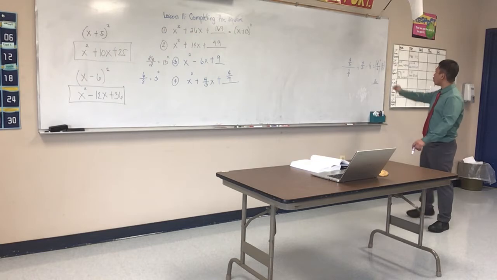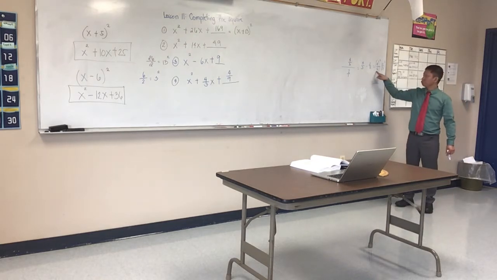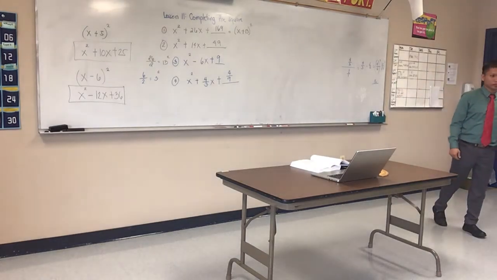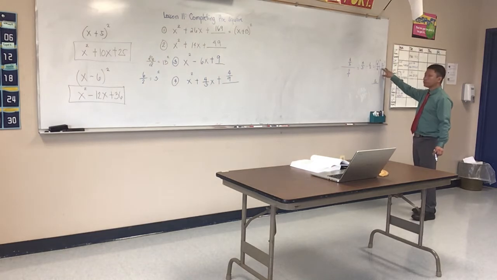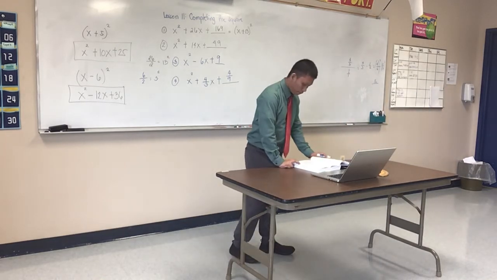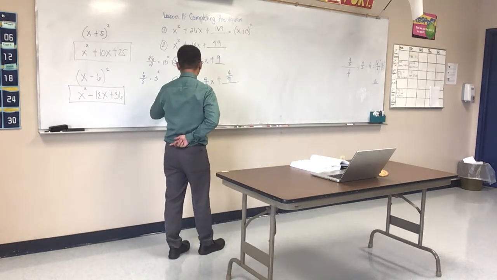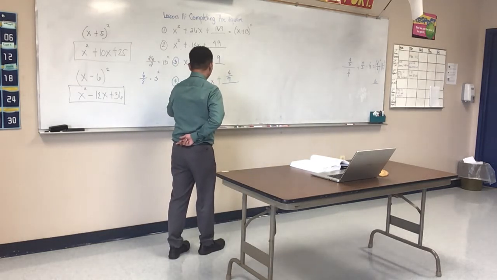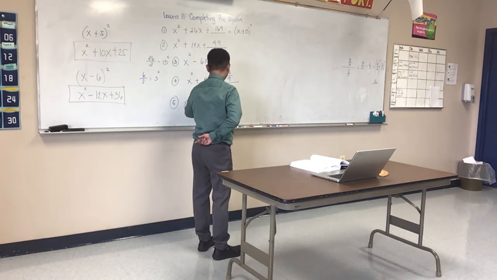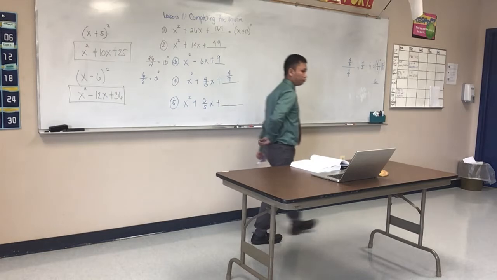That would be 4 over 6, which we can reduce to 2 over 3. Then square the 2 over 3: 2 times 2 is 4, and 3 times 3 is 9. Okay, this one: x squared plus 3 over 5x. What would be our last term?